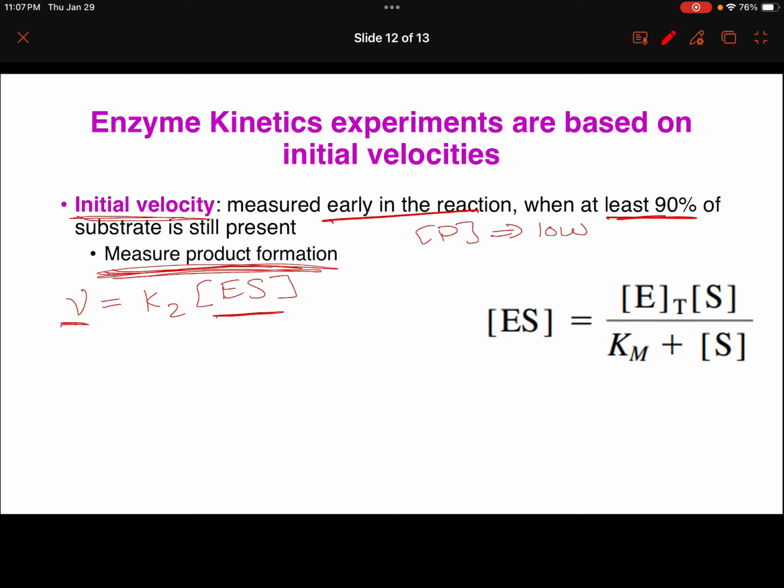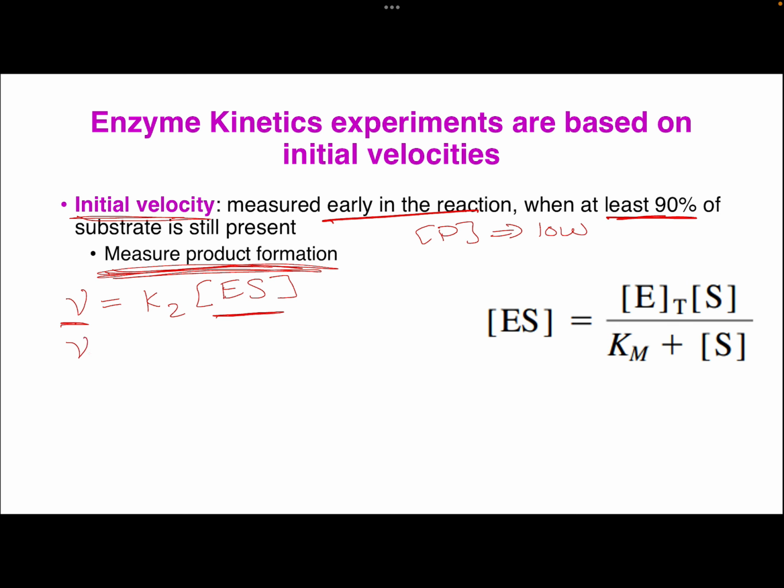So if we're using an initial velocity, we can just rewrite that as V sub 0. So V at time 0 is equal to K2 times our enzyme substrate complex concentration. All right, and we're doing this because we're measuring product formation. It's a lot easier to measure something building up from 0 than it is to measure something going down from a very high concentration. So that's why we focus on product formation.